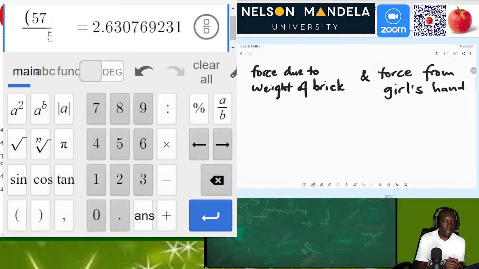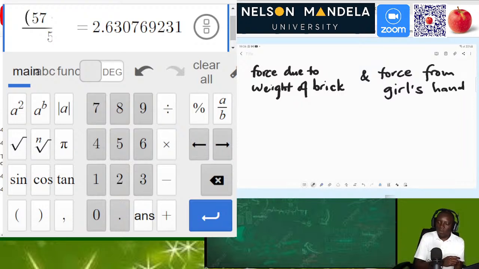So the girl's hand balances the brick. As the brick lands on the girl's hand, the weight of the brick and the force from the girl's hand will counterbalance. That's action and reaction. So that's an action reaction pair of forces.